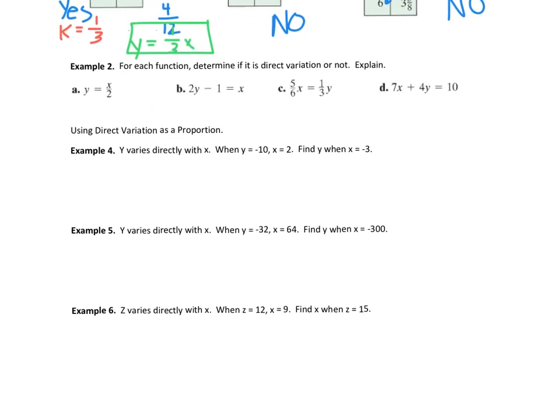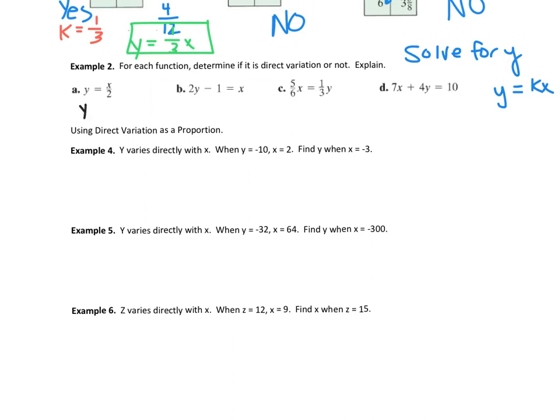Okay, example 2. For each function, determine if it's direct variation or not. So what I want to do is solve for Y and see if you have Y equals a number times X. There cannot be a y-intercept that's not 0. The y-intercept has to be 0.